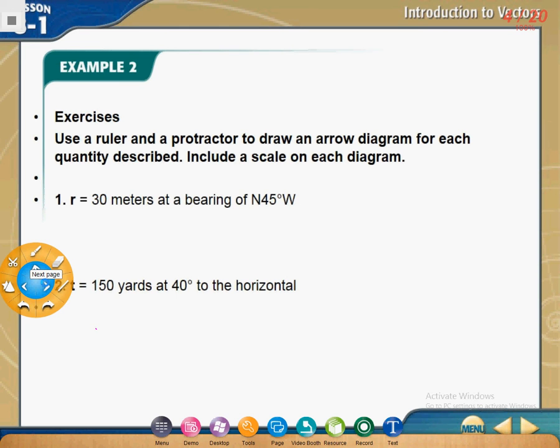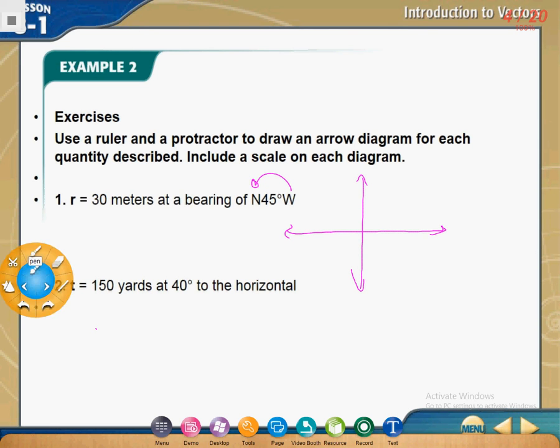Five girls only, boys? Let's see. R equals 30 meters of bearing 45 degrees west of north. Do you remember? West of north. Let's graph it on the coordinate plane, starting from the origin.